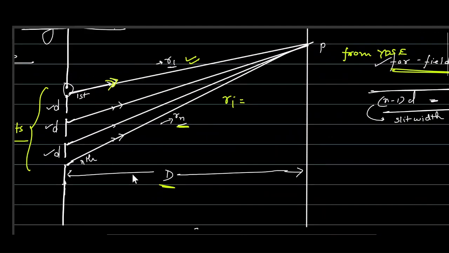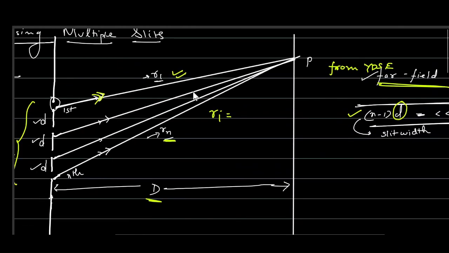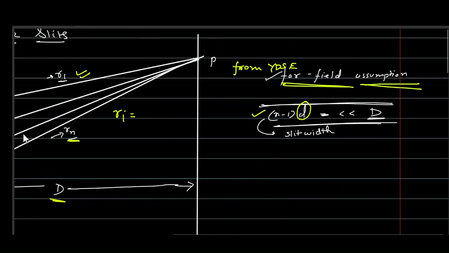So the distance between the slits is negligible as compared to the distance between the slit and the screen. The total distance can be written as n minus 1 times small d, where small d is the distance between two slits, and capital D is the distance between the slit and the screen. This is an approximation which we are going to use.